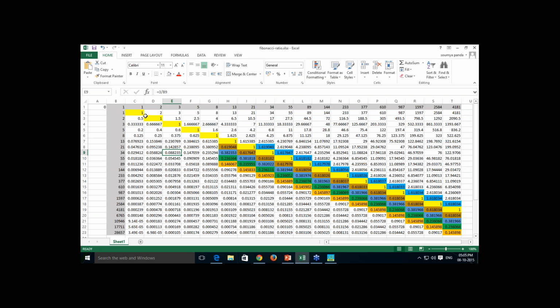Just see here, I have given one yellow diagonal which represents 1. This means the same Fibonacci number divided by the same number gives 1. In certain cases it gives you one constant ratio. When alternate numbers are divided, meaning the lower number is divided by its higher number, like 21 divided by 34, 13 divided by 21, this is called your alternate ratio.